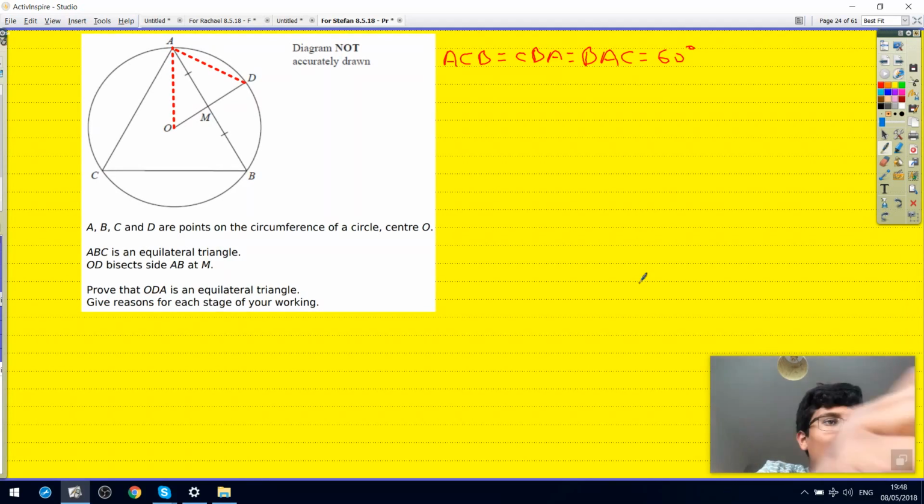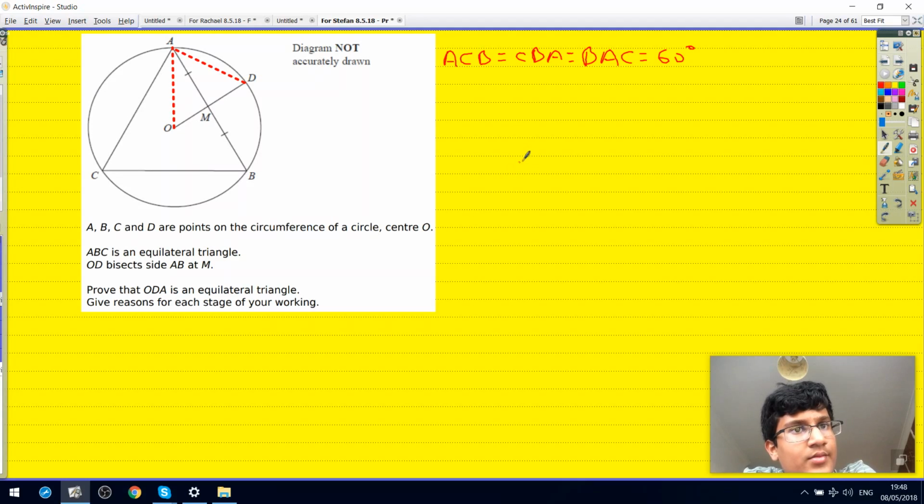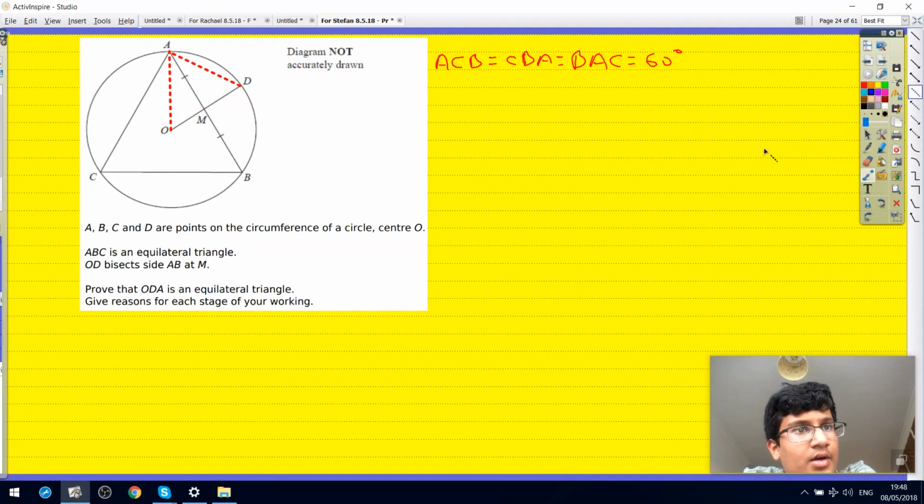I was thinking, if you had a line going from A to O and then from D to B, we could have two subtending angles.